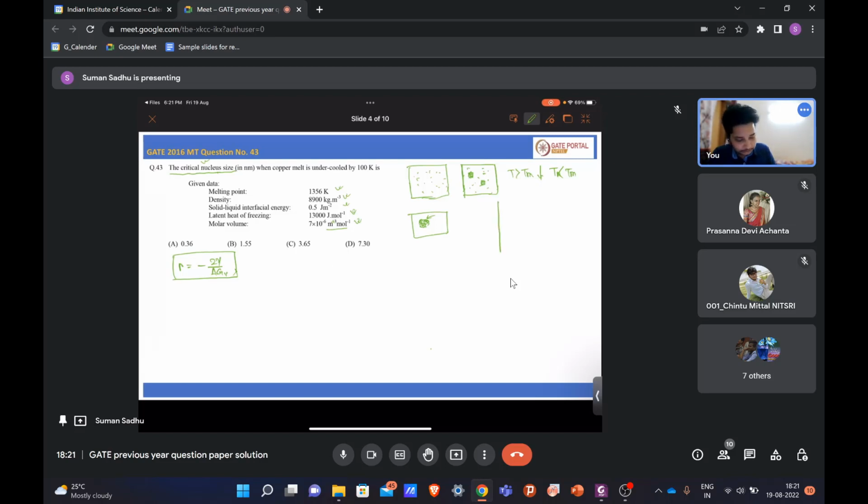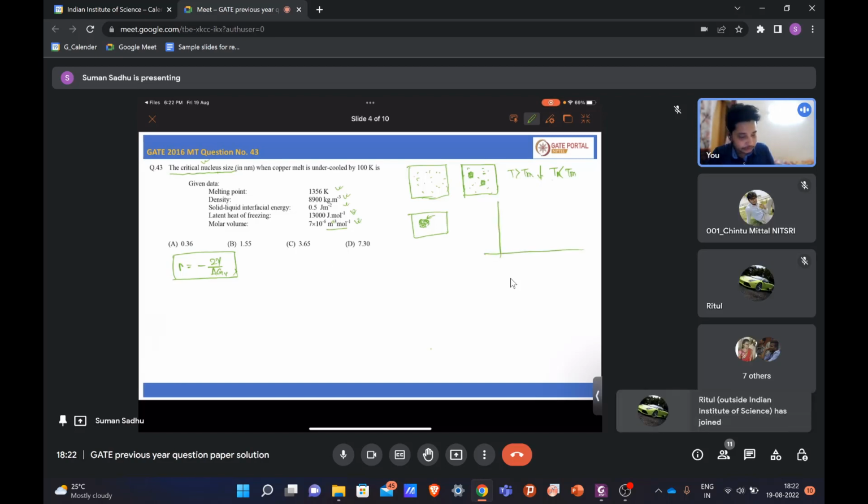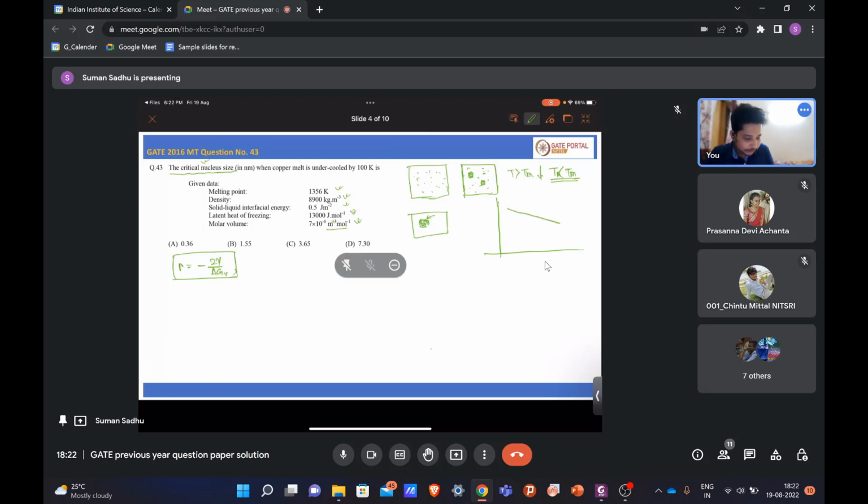Now, if you go below Tm, why does the liquid form solid? Because if you draw the free energy versus temperature diagram, G versus T, with T increasing along this axis, this is the melting temperature Tm, with G liquid and G solid.